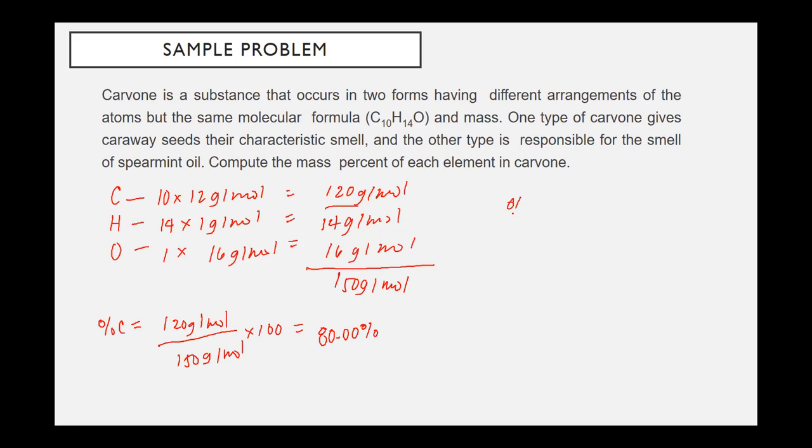So our percentage naman, so 14 grams per mole divide natin sa total molecular weight, 150 grams times 100 is equal to 9.33%.